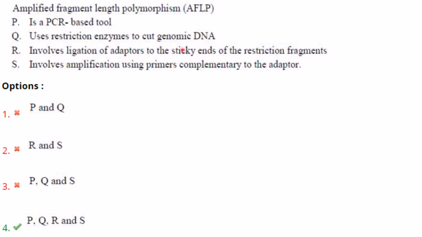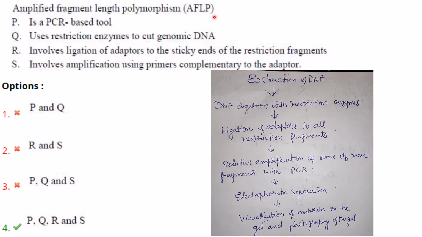And the next one, amplified fragment length polymorphism. So what are the steps involved in an AFLP? First you extract the DNA, then you digest the DNA with a suitable restriction enzyme, then you ligate adapters to the restriction fragments. Adapters are short double-stranded oligonucleotides.